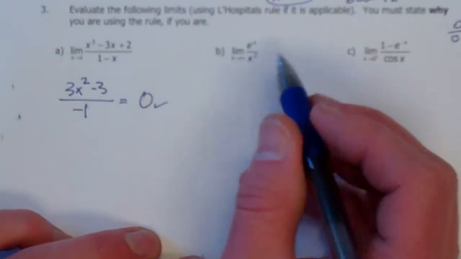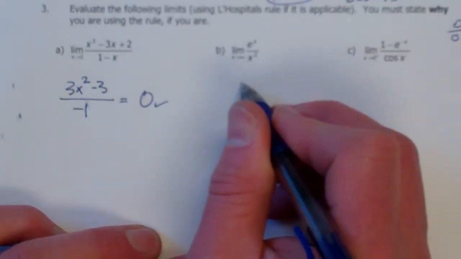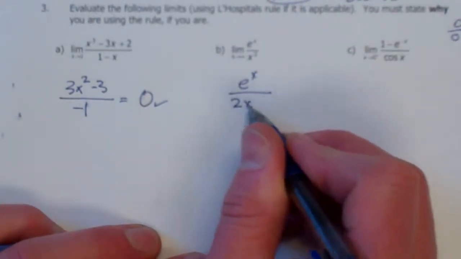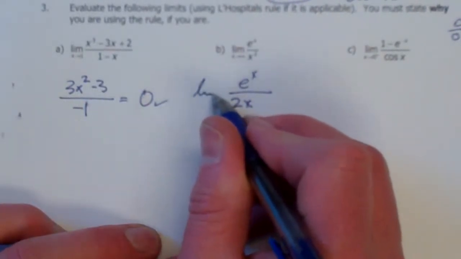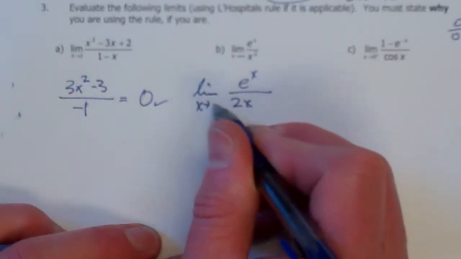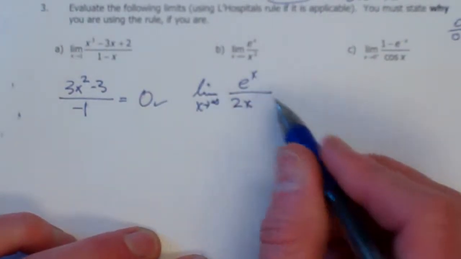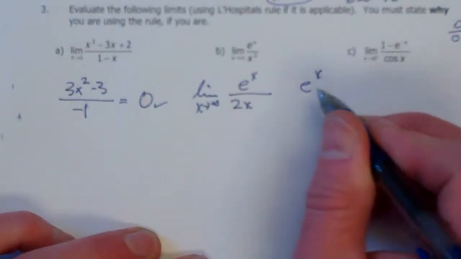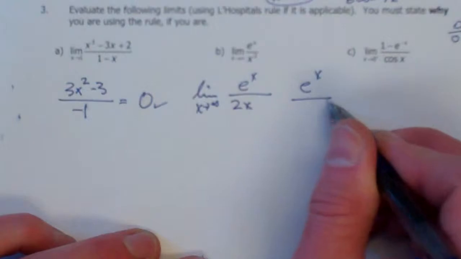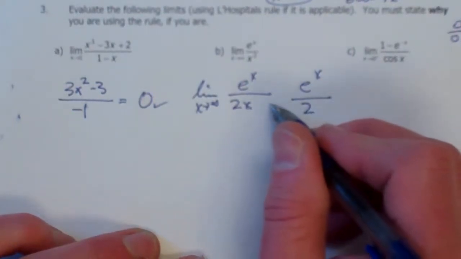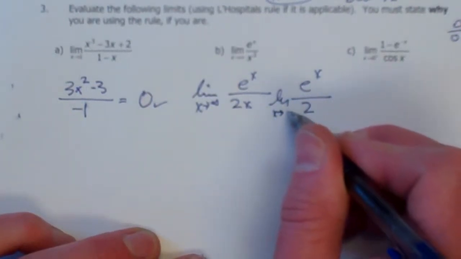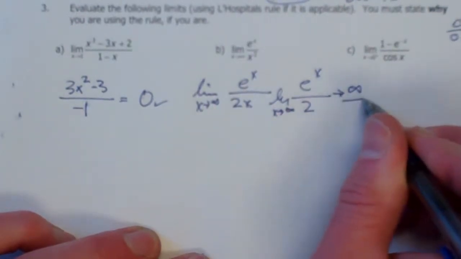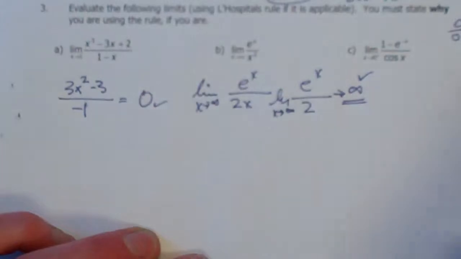I'm going to take the derivative of the top and the bottom, and I get e to the x over 2x, which as x goes to infinity is still going to be infinity over infinity, so I do it a second time. I still get e to the x, but now I get it over 2, and the limit as x goes to infinity here is going to go towards infinity. So that's the limit of this one.